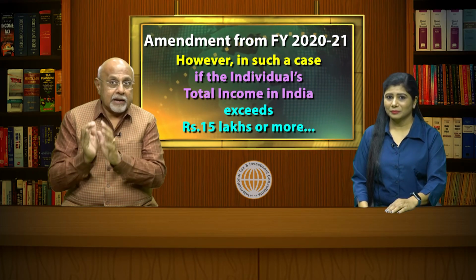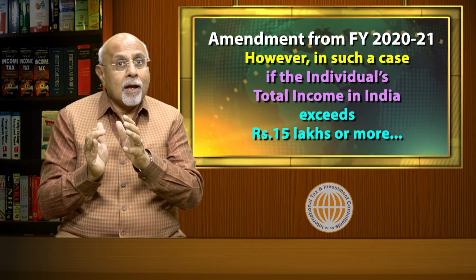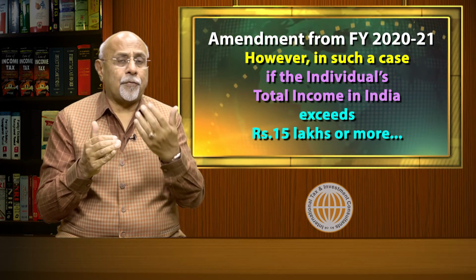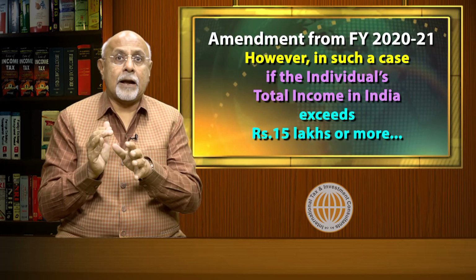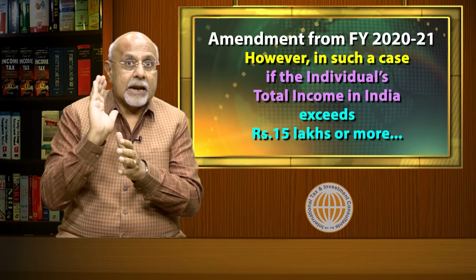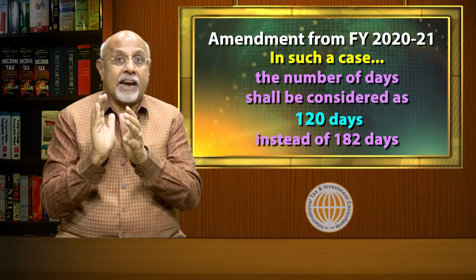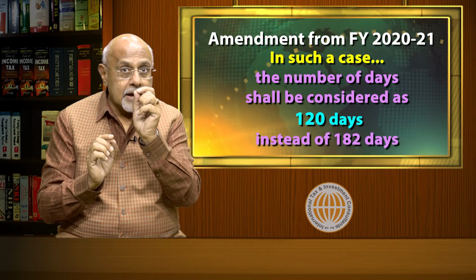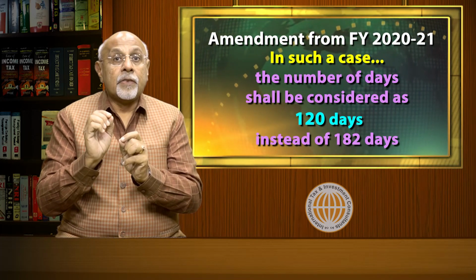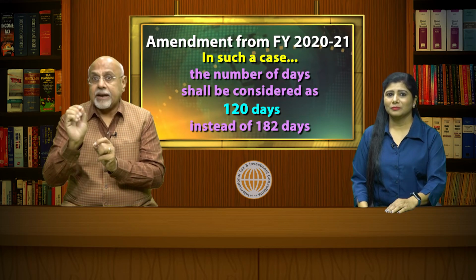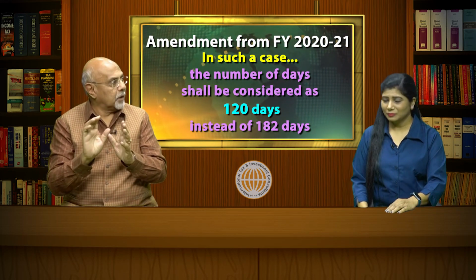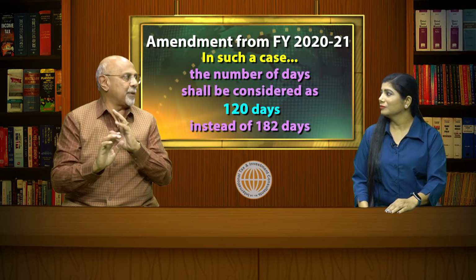If your income in India or income from any business or profession which is controlled from India is more than 15 lakhs, in such a case, instead of 182 days, a 120 days test will be applicable with effect from financial year 2021.